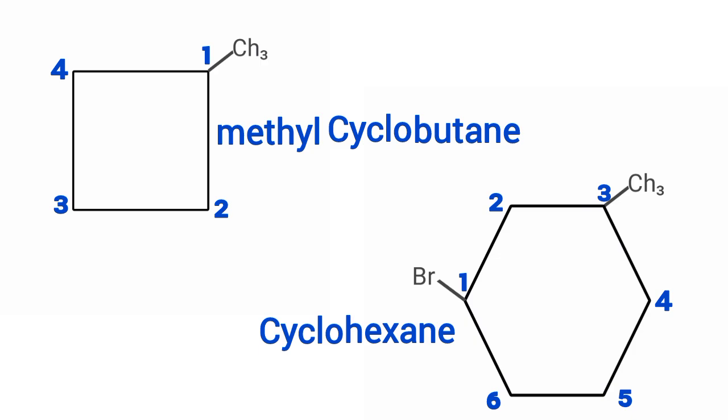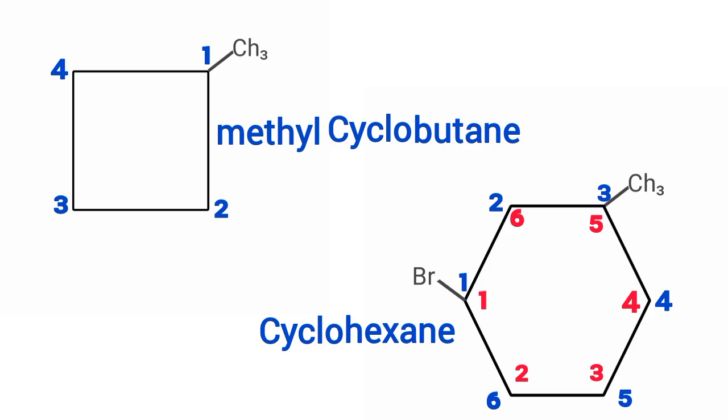Here we have two substituents, bromine and methyl. Alphabetically, B comes before M, so we assign the carbon 1 position to bromine since it comes first alphabetically. Now that we have numbered this in the clockwise and anti-clockwise direction, let's determine which numbering would give this substituent the lowest possible number.